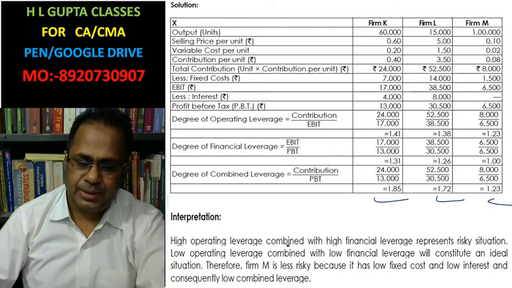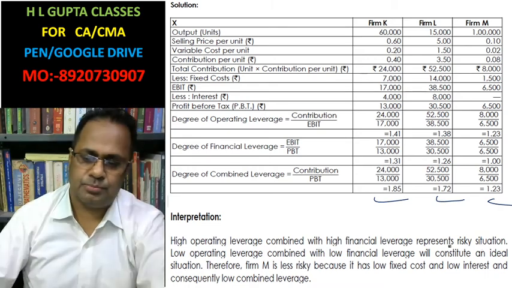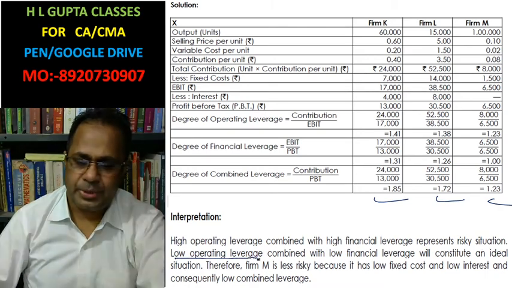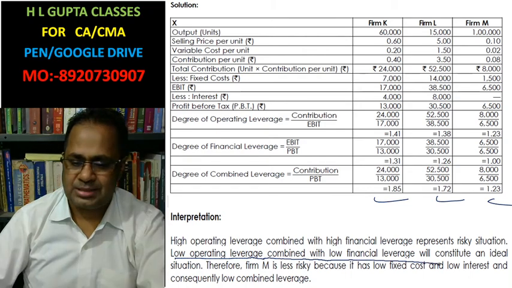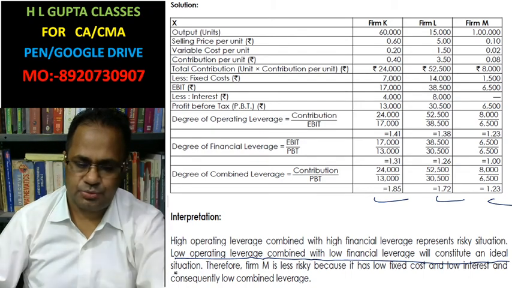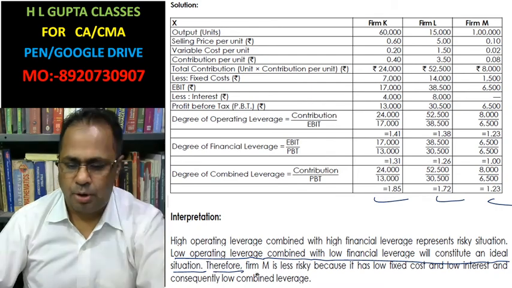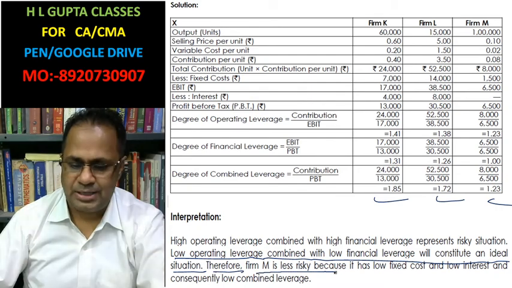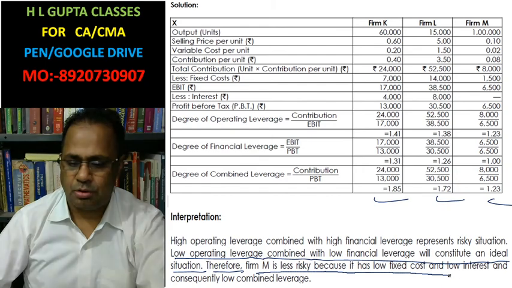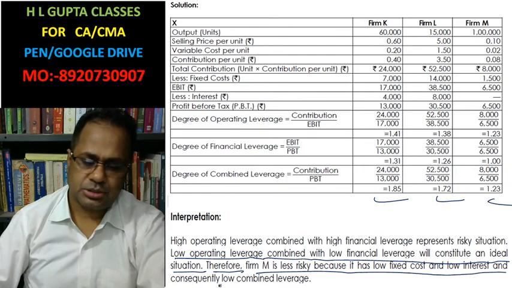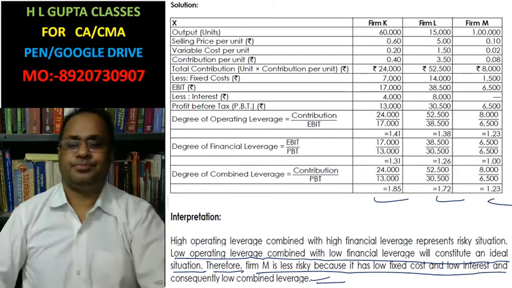High operating leverage combined with high financial leverage represents risky situations. Low operating leverage combined with low financial leverage will cause ideal situations. Therefore, form M is less risky because it has low fixed cost and low interest, consequently low combined leverage.